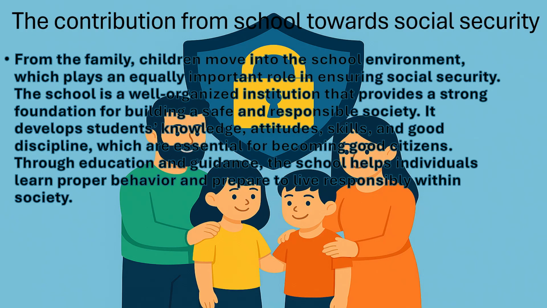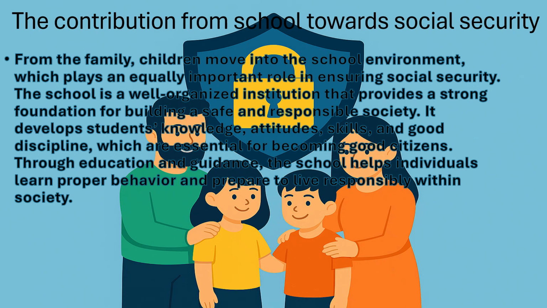From the family, children move into the school environment. Ah, yes, the good old stack of bricks, which plays an equally important role in ensuring social security. The school is a well-organized institution that provides a strong foundation for building a safe and responsible society.